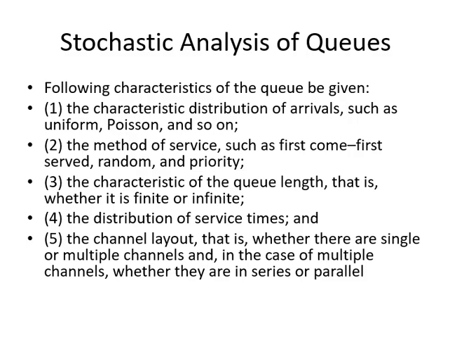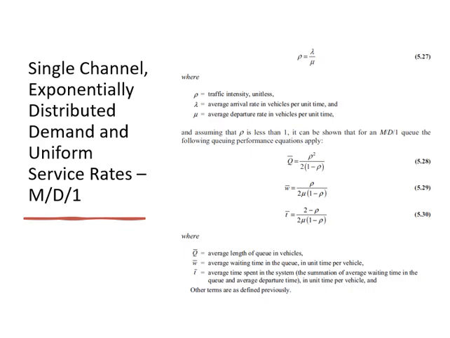Then we move on to the stochastic case where the arrival and service can have distributions. Distribution meaning there is a probability of different values. In this one, we were going through the case M/D/1. So M stands for Markovian, meaning stochastic.